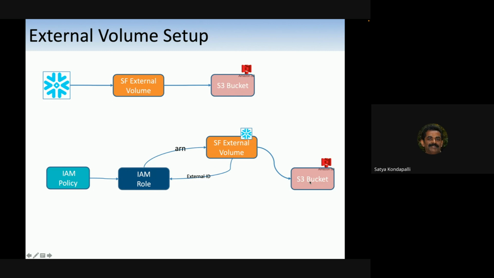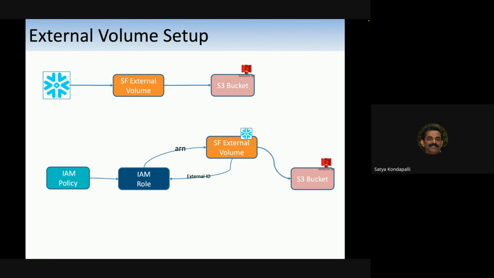Otherwise anybody could access the bucket and update or delete data directly from the disk. So we are not giving disk access to any users. The users in Snowflake can access the disk via tables only. That's why this is done via an external volume. That's how we designed it.